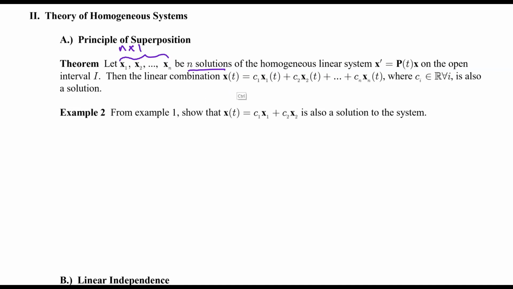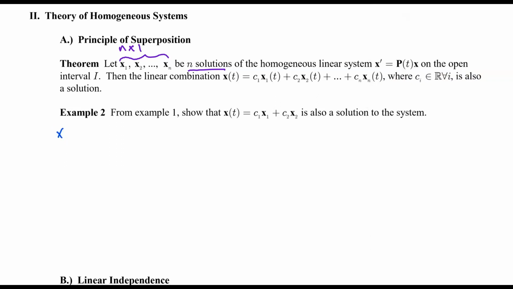So for example, from example 1, the previous system we were working with, we want to show that the linear combination x equals c sub 1 x1 plus c sub 2 x2 is also a solution to the system. So first, let's go ahead and form our linear combination.